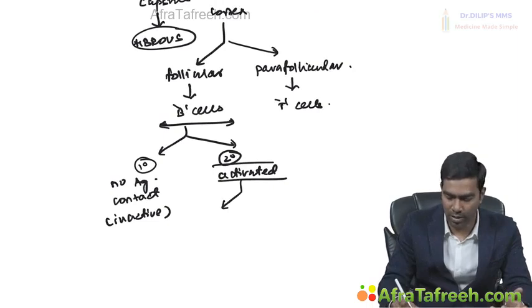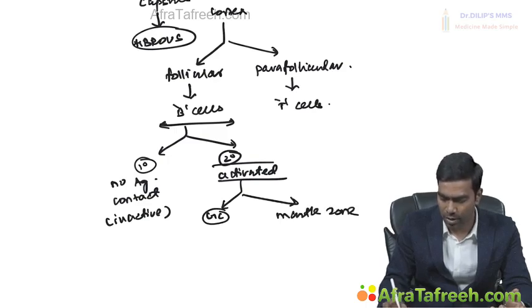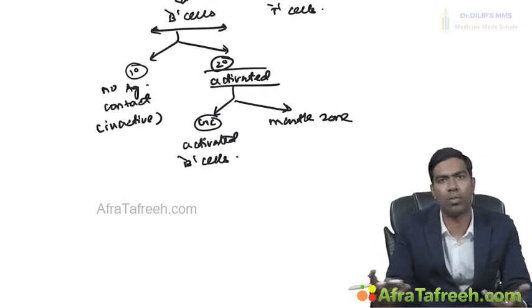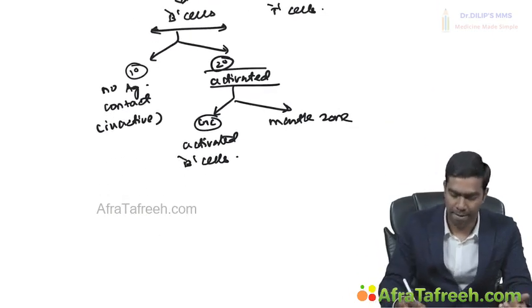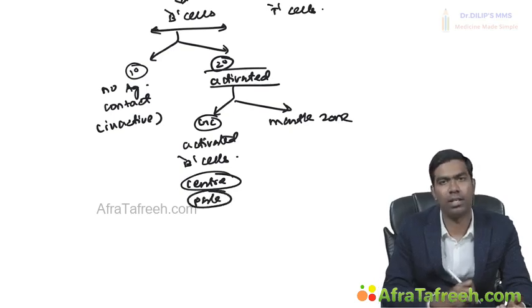In the secondary follicles, there are two areas: the germinal center and the mantle zone. The germinal center is where you typically see the activated B cells undergoing rapid proliferation, somatic hypermutation and class switching. This is usually in the center of the follicle, and it is pale in nature.